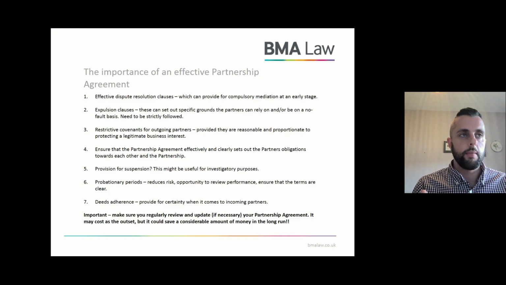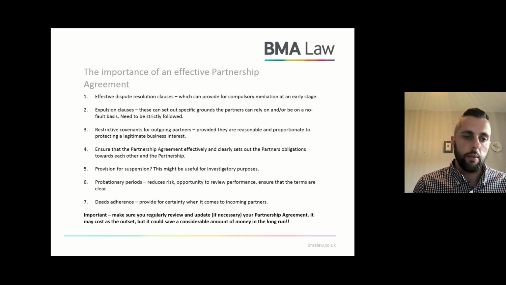but usually you would see reference to the grounds on which an expulsion can be executed. So examples might be where there's been a serious and persistent breach of the partnership agreement, where there's been a conviction of a criminal offence, or where a GP has been taken off the performers list.